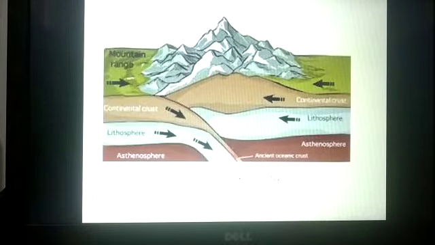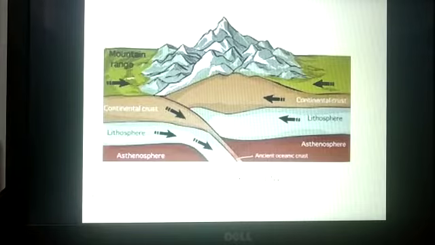Now have a look at the diagram on the screen. Plates at our planet's surface move because of the intense heat in the Earth's core that causes molten magma in the mantle layer to move. It moves in circular patterns called a convection cell that forms when warm material rises, cools, and eventually sinks down.